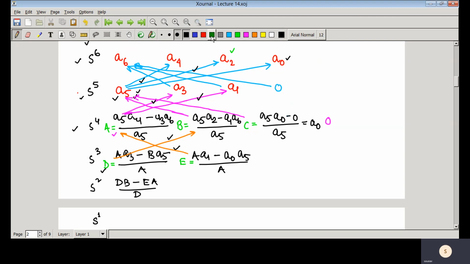And for the next one, this term into this, minus D into a0 divided by D, since here you have 0. So here you would have a0.